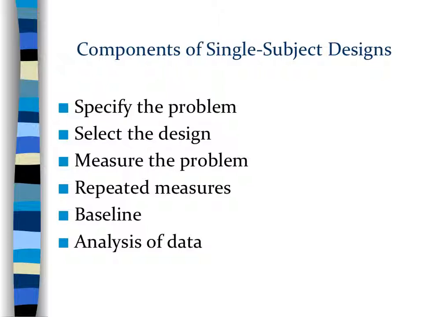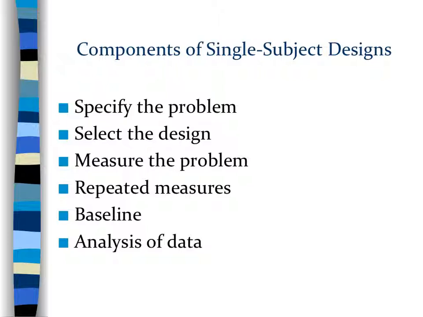Each single subject study involves at least one baseline and one treatment condition. The baseline refers to a period of time in which the target behavior, which is the dependent variable, is observed and recorded as it occurs without a special or new intervention. The baseline behavior provides the frame of reference against which future behavior is compared.